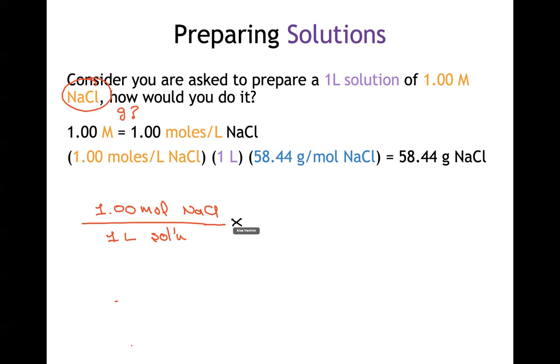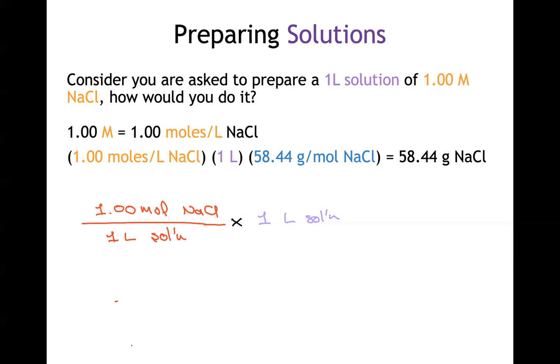But then what's the volume of the solution that we wish to prepare? 1 liter. So we can multiply that by the volume of solution we wish to prepare. And then if we want to actually prepare it, we need to know how many grams of sodium chloride we need to weigh out.